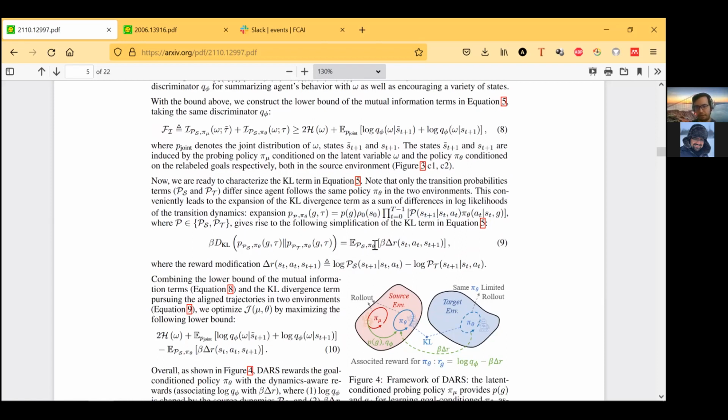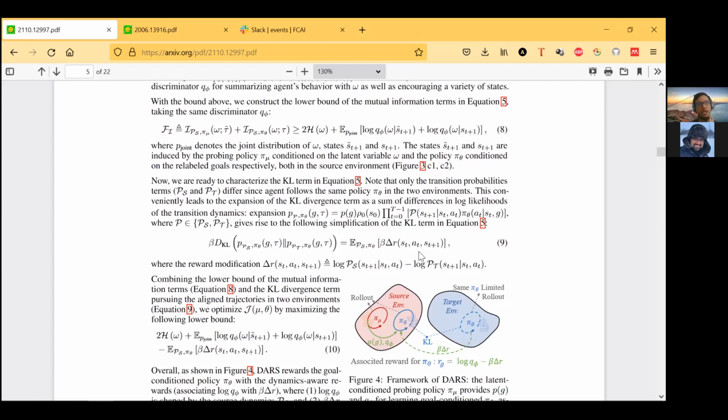So at the end, this KL will only be the expectation over trajectories generated in the source, which we have samples of, of this delta R, which is the log ratio between the transition in the source and in the target. The interpretation is that you will penalize observing transitions that have a large difference in likelihood between source and target.